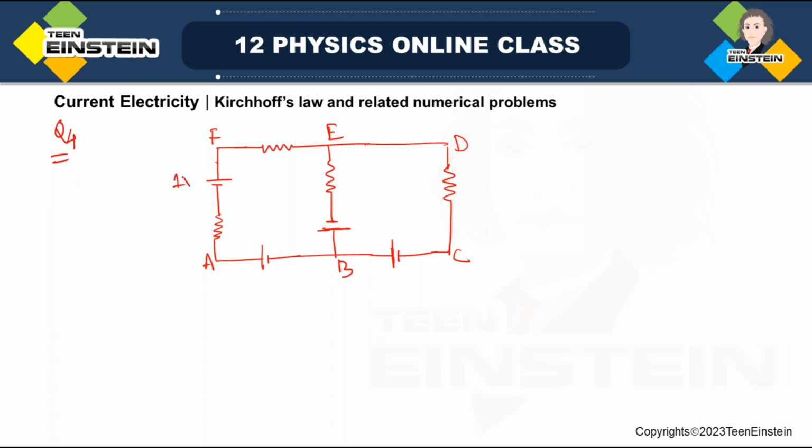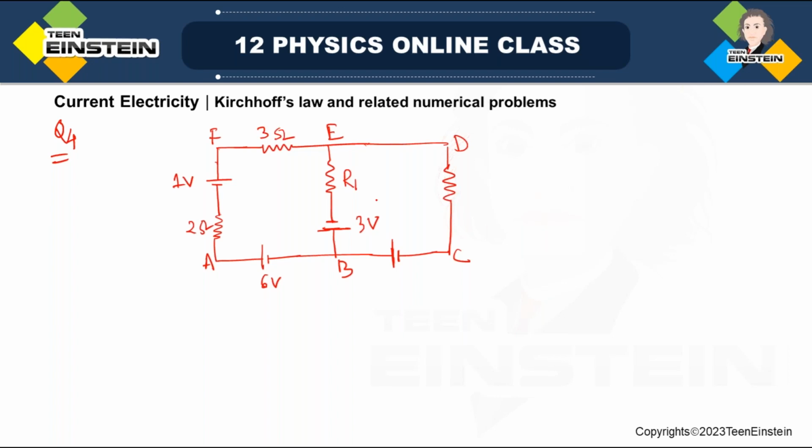So here this is 1 volt. This is 2 ohm. This is 6 volt. This is 3 volt. This is R1, unknown resistor. We'll see what the thing is.